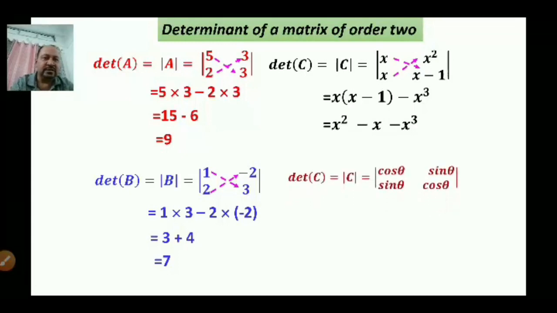So you got a polynomial. We can also apply this in trigonometric elements. Here you will multiply cos theta into cos theta and sin theta into sin theta. So you will get a trigonometric expression cos square theta minus sin square theta.